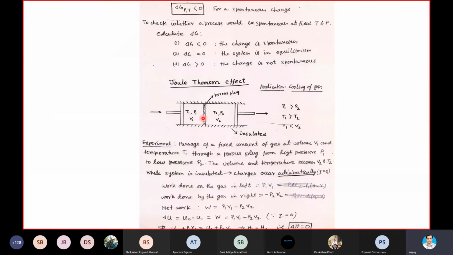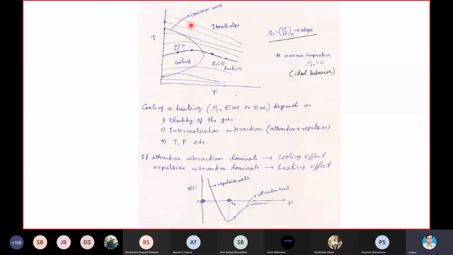Like that, you take an arbitrary set of P1, T1 values, and then you keep various values of P2, and every time you measure the final temperature T2 on this side. And then we plot that. If we plot that, we get this type of curve. So what I am plotting here is T2 versus P2, the right hand side pressure and the right hand side gas temperature.